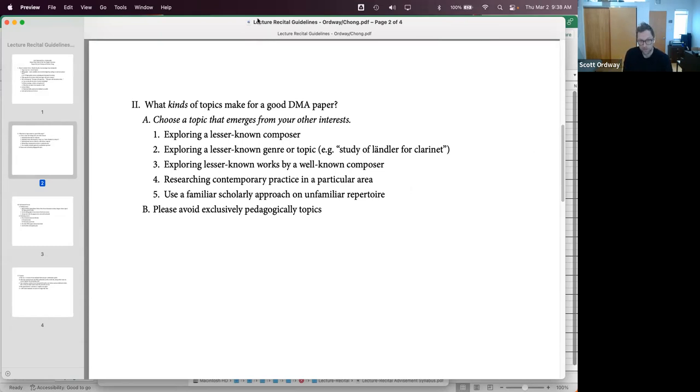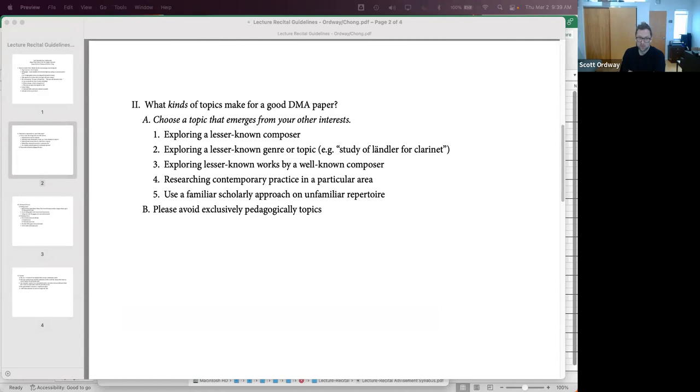Some of the things that we recommend are ideas like exploring a lesser known composer that maybe other performers of your instrument might not have discovered. You could explore a lesser known genre or topic, so like a specific type of music that you think might be interesting for other people to read.